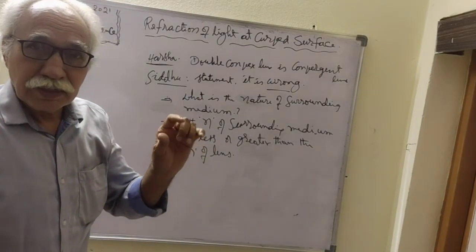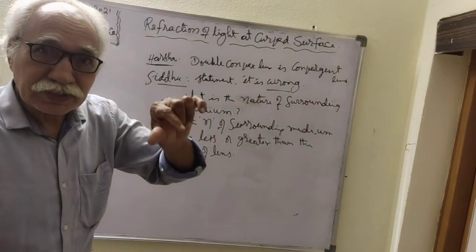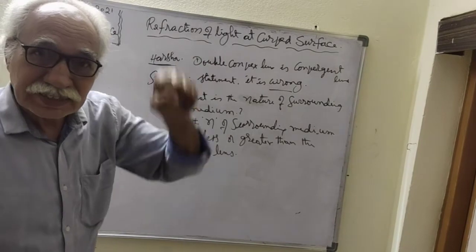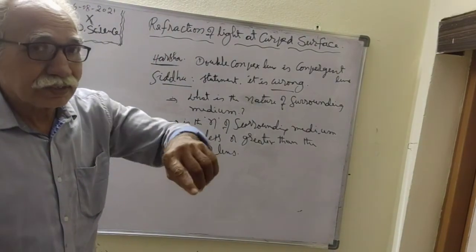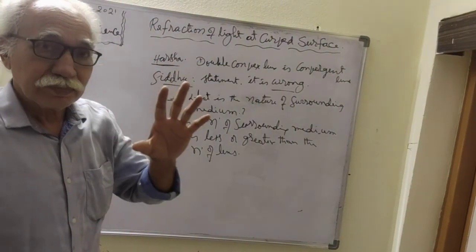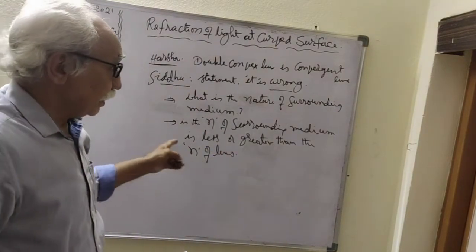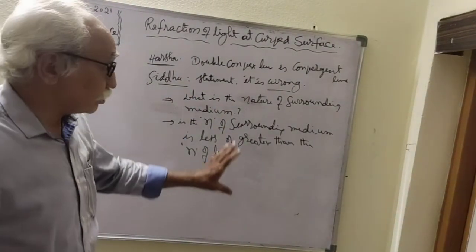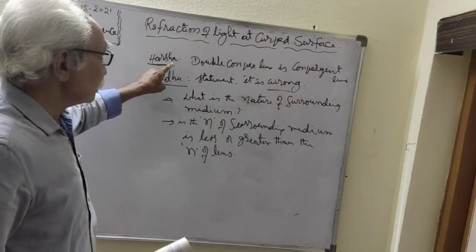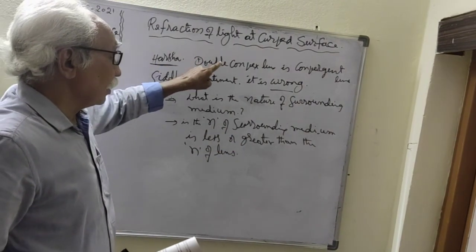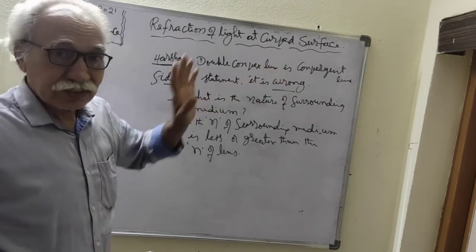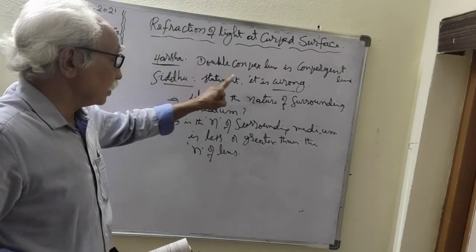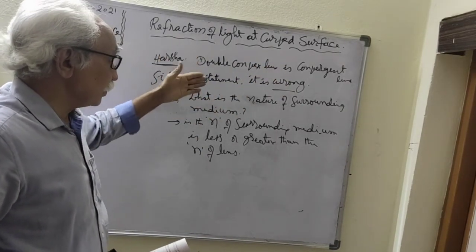If the refractive index of the lens is less than the refractive index of the surrounding medium, then it is a divergent lens. So that's why Harsha's statement that a double convex lens is a convergent lens, that assertion is wrong.